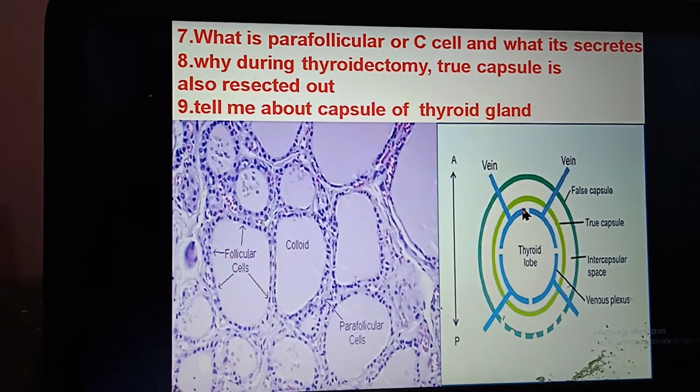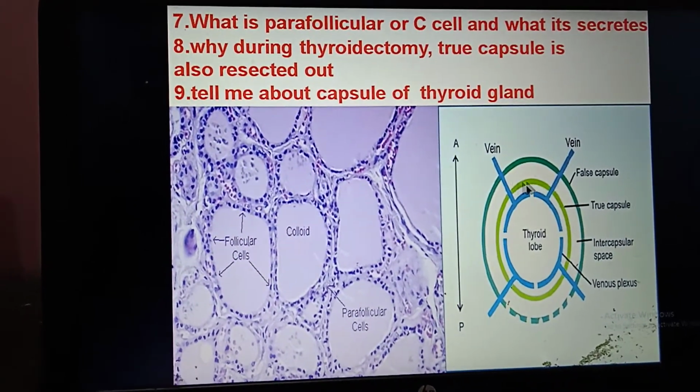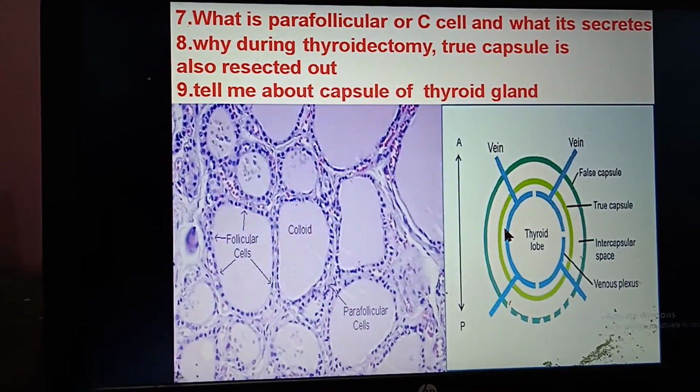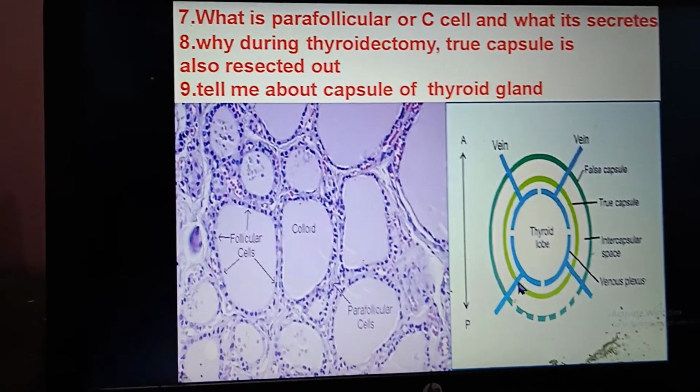Beneath the true capsule is this light green layer. Within this, in blue color, are the venous plexus.